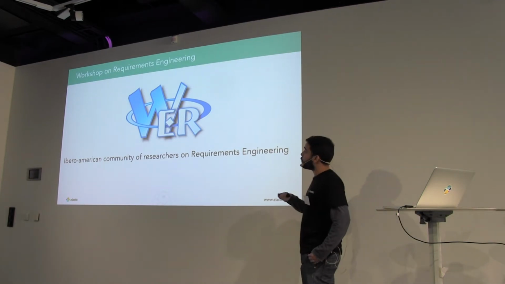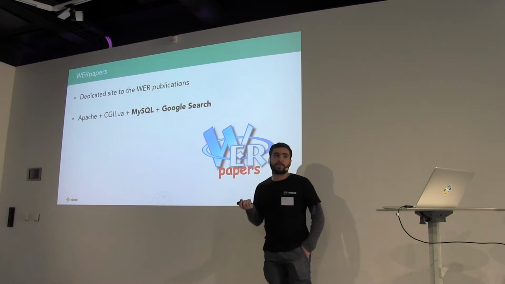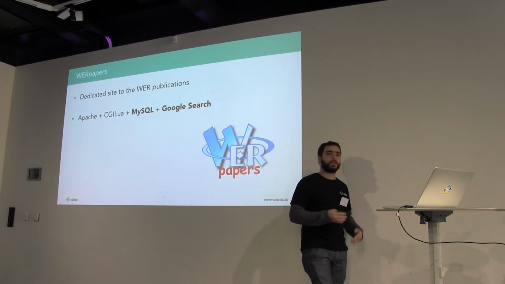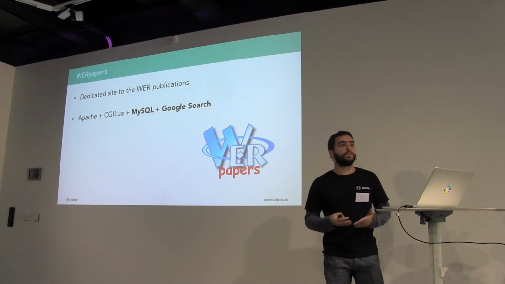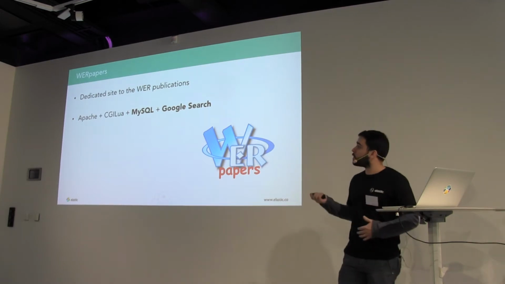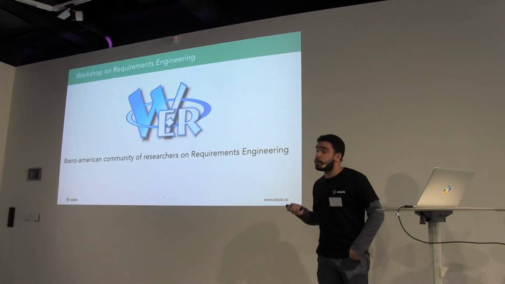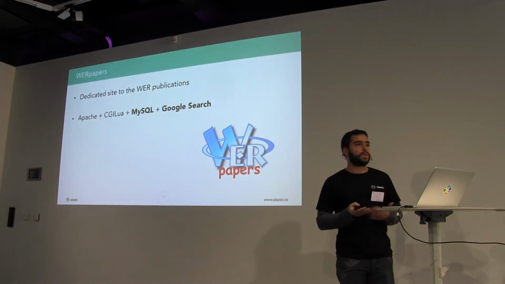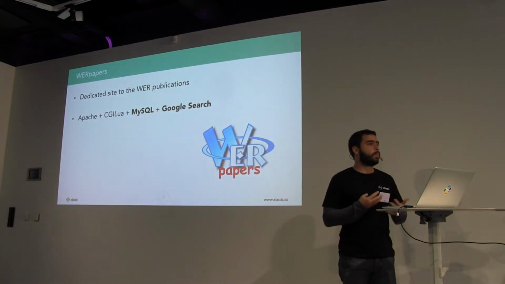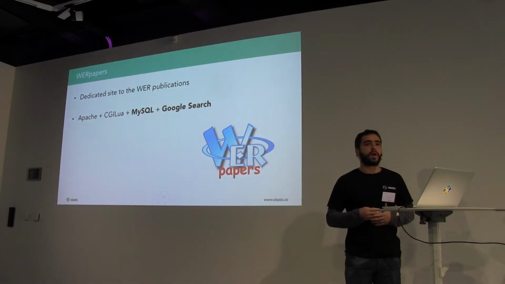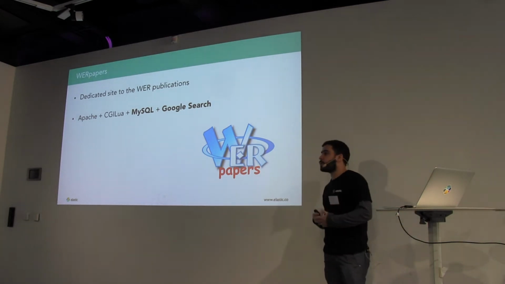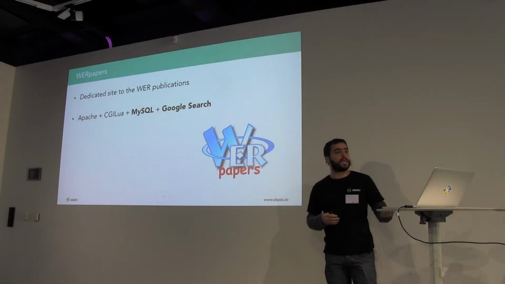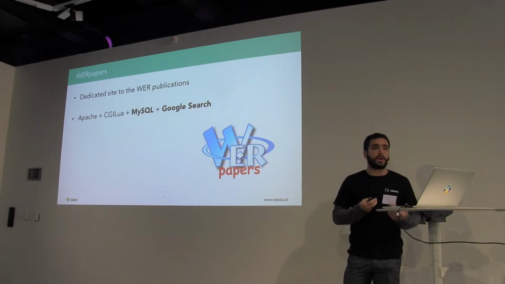However, there is another project called Web Papers, which has all the publications for all the workshop conferences, the workshop requirements engineering, that happened before. You can look into these papers, play around with them, see the abstract, the authors, the number of downloads for PDFs, and you can download the article itself.